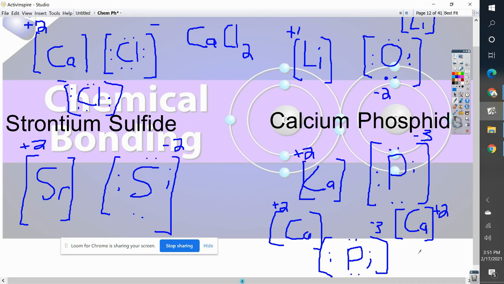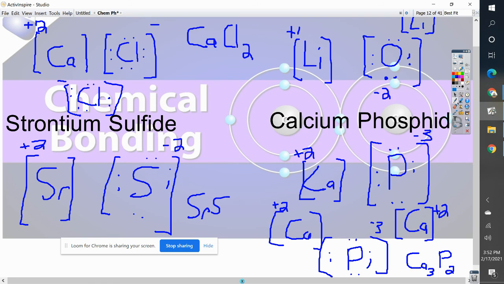The formula would be Ca, and how many do we have? We've got 3 of them. So Ca subscript 3, capital P. How many phosphides do we have? We have 2 of them. So that is the chemical compound here. Here, we only needed 1 of each. So strontium sulfide would just be SrS.